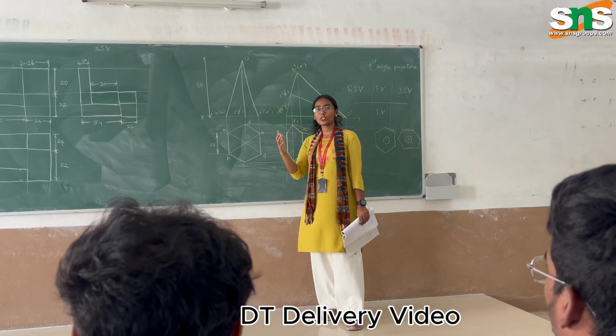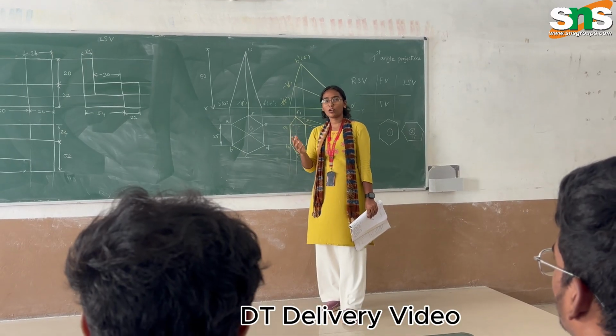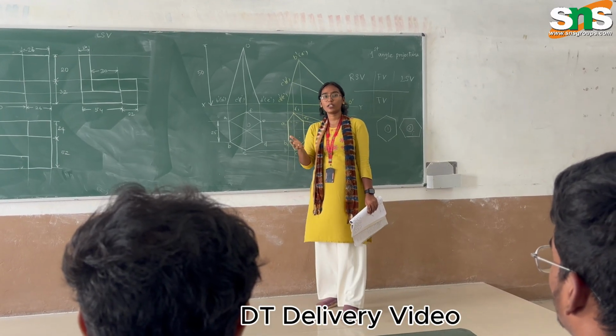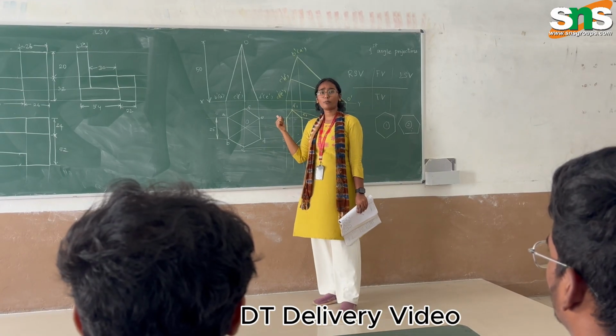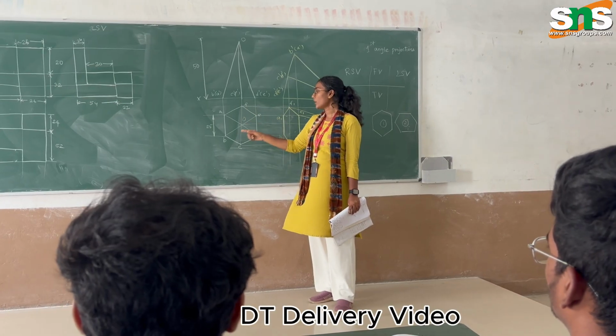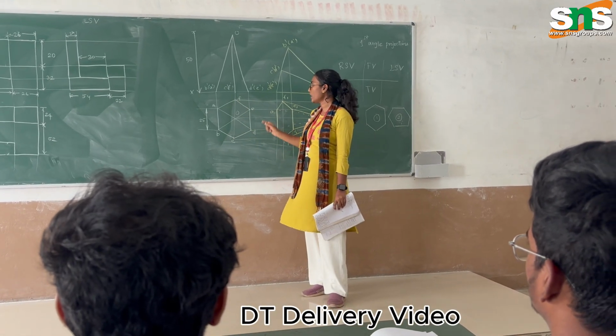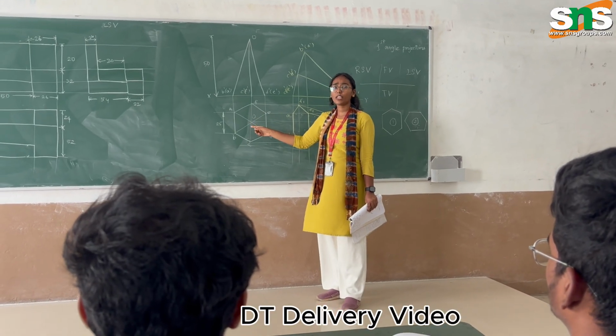So we give two names as A and 1, B and 2, C and 3, D and 4, E and 5, and F and 6. But here, since we are discussing a pyramid, we give only A, B, C, D, E, and F as names for each corner. The center where all the diagonals meet is named O.